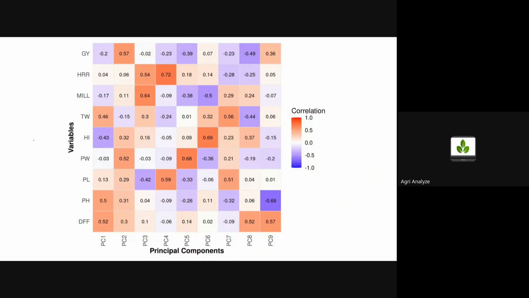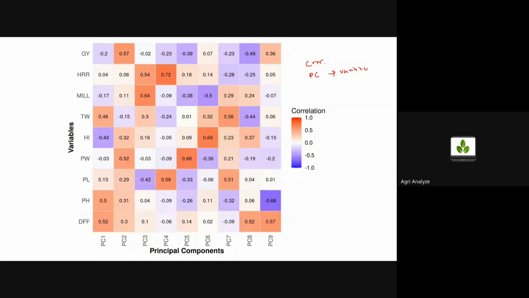Now, this is the heat map of correlation between principal component and variable. Based on this, we can also find which variable was responsible for generating the axis for the principal component.